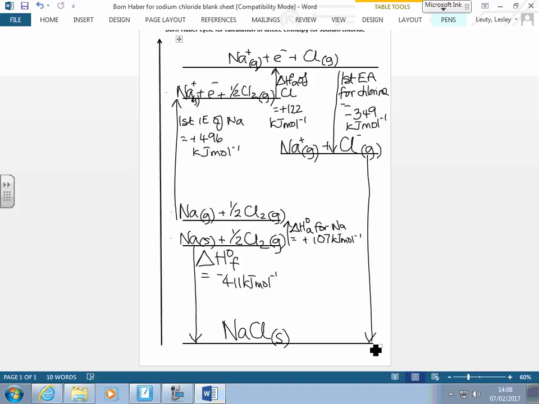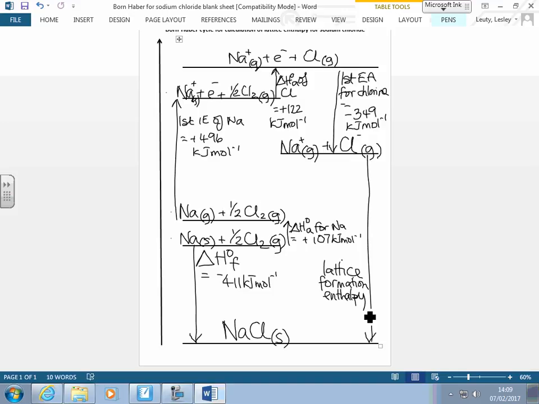Hopefully we're starting to now see, we could take various routes around this. All right, so that's your lattice formation enthalpy. If it went the other way, if I was going from bottom to top, it'd be dissociation. But that is the thing we want to work out.